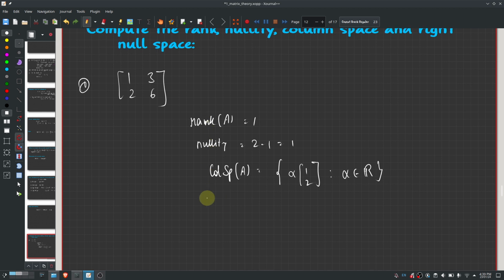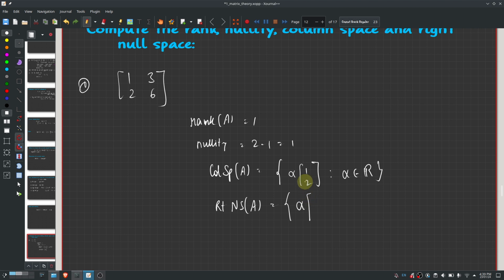And what about the right null space? Alpha times minus 2 comma 1. Are you sure?